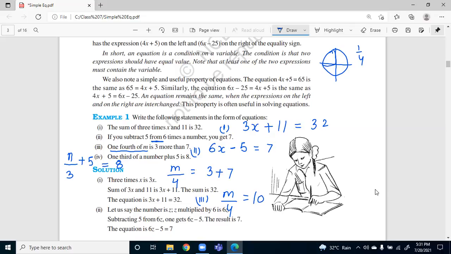So I have written m upon 4. Then is means you have to write equal to 3 more than 7. So 3 plus 7. What is 3 plus 7? It is 10.